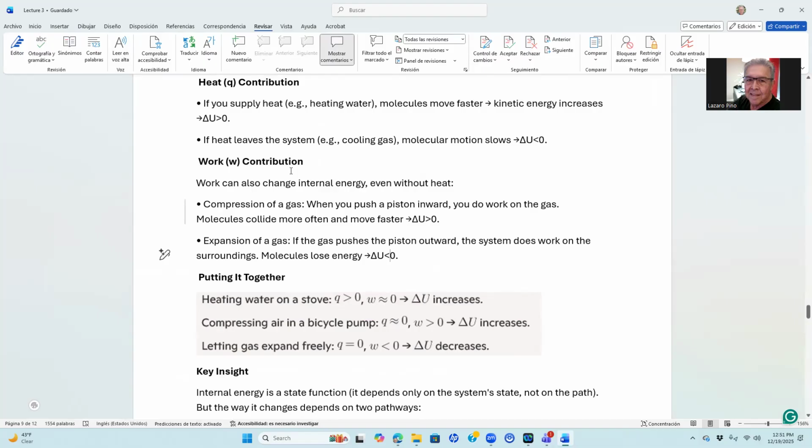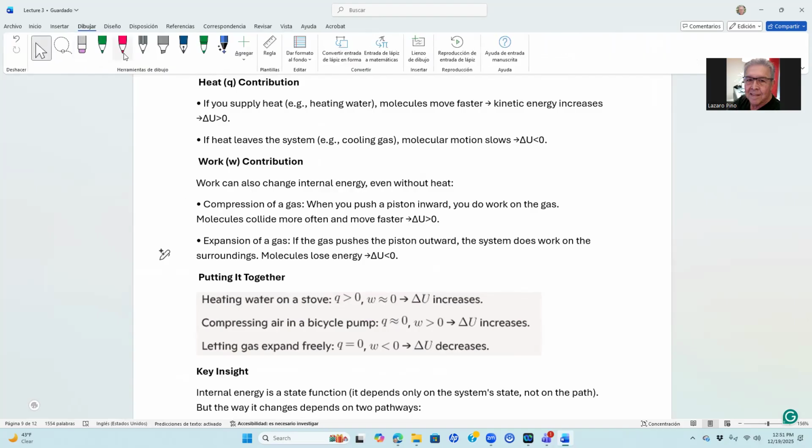Okay, lower than zero. Let me stop in here because there is something important that I want you to understand. First of all, internal energy is equal, as we can see before, to Q and W. What is Q and what is W?